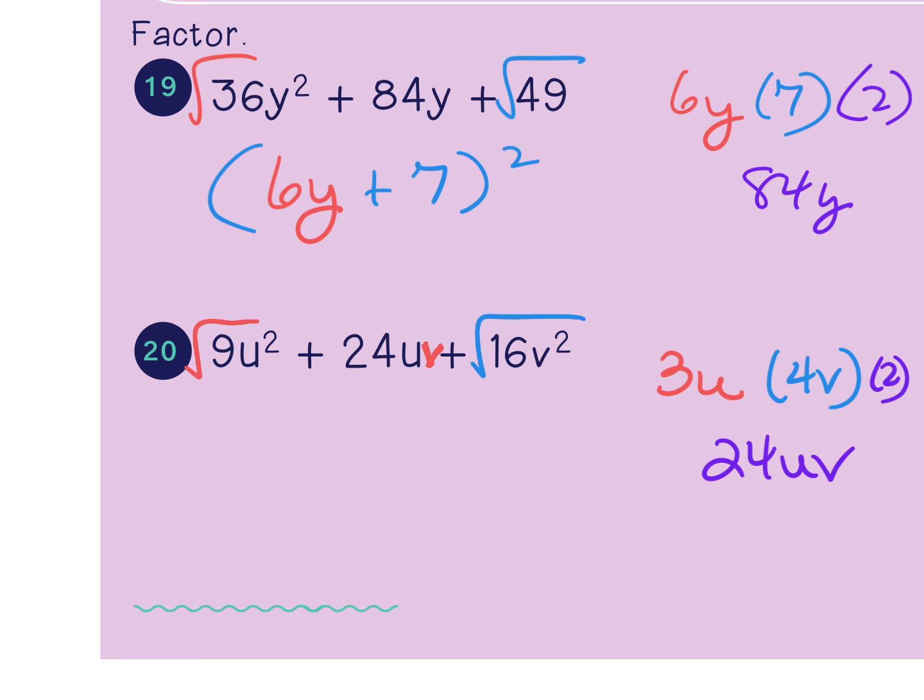And then now we can do 3u plus 4v, and it's squared. And you're done. And that is factoring a perfect square trinomial. Remember, when it is a perfect square trinomial, it will always produce a binomial squared.